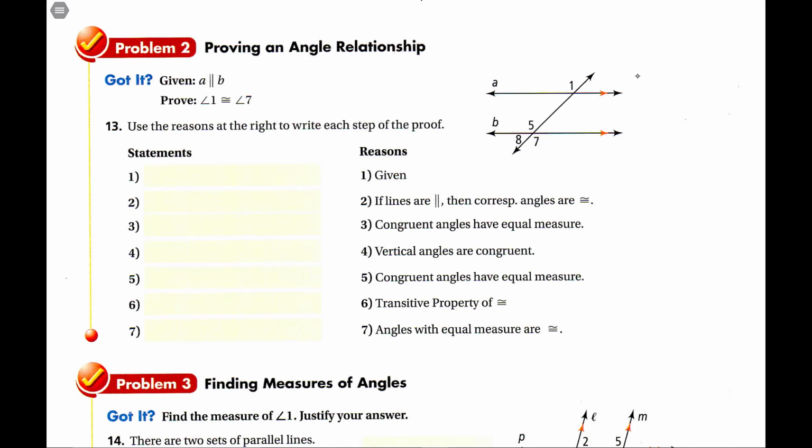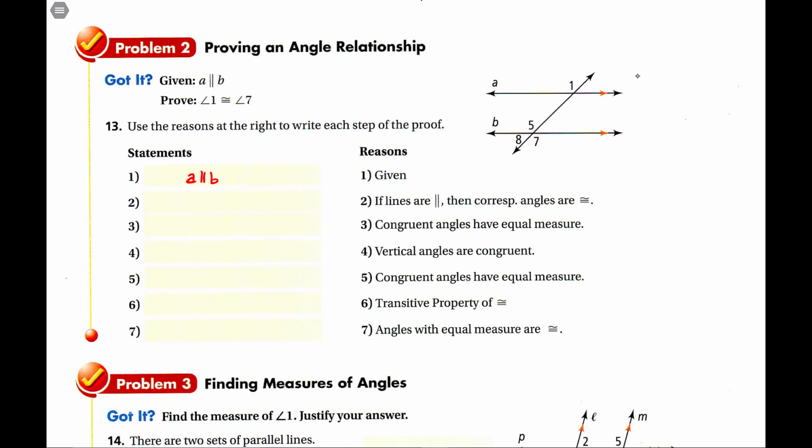So in the first column here, we're going to put down our statements. To the right, we're already given the reasons. So the reason for number 1 is that it is given. So what's given to us is that A is parallel to B. Since that is already completed for us, now we can move on to step 2. Step 2, the reason is if lines are parallel, then corresponding angles are congruent.